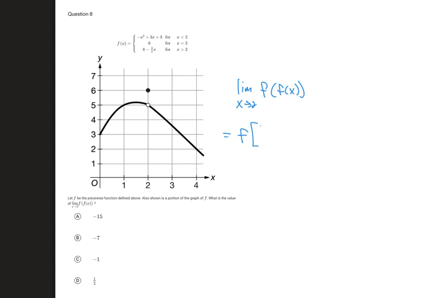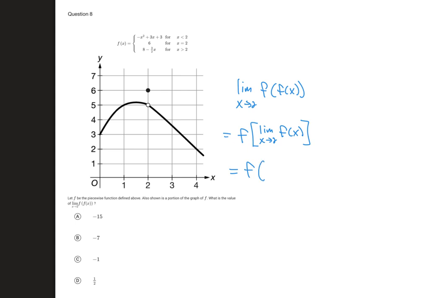So this will be the limit as x approaches 2 of the inside f. The idea is to look at what this is approaching, and whatever number this equals, we'll just do f of that number, and that'll be the answer. We'll see if there's anything tricky though.